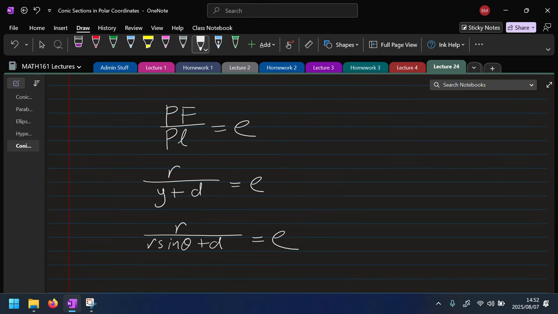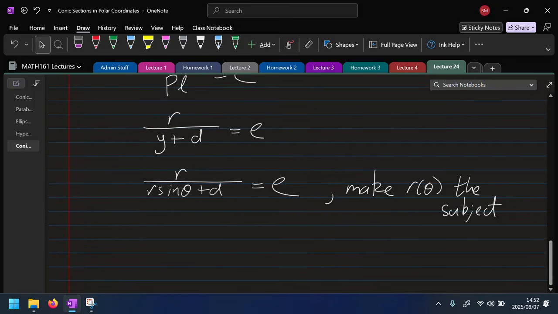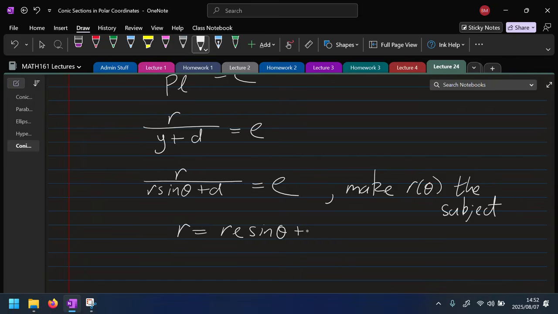So technically it's in polar form. We got the r and the theta, but what we want now is to make r the subject. Okay, so let's take that denominator over to the other side. So we're going to have r is equal to re sine theta plus de. Okay, so we just took that over there.